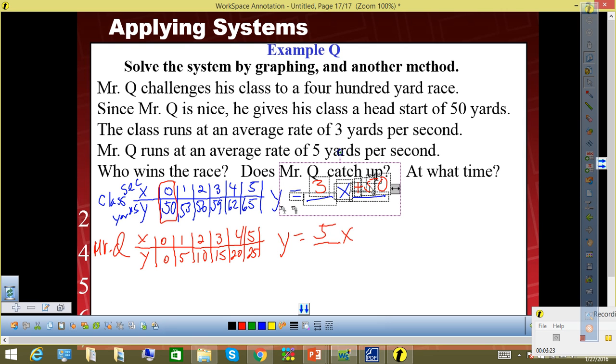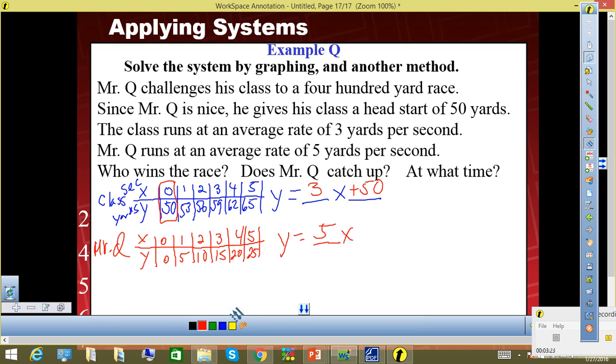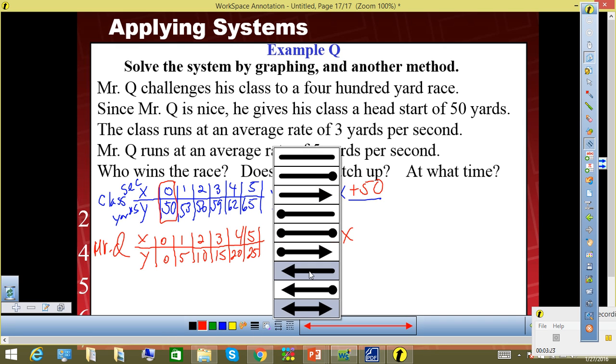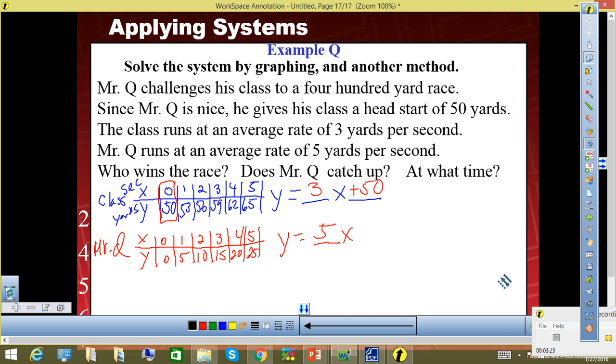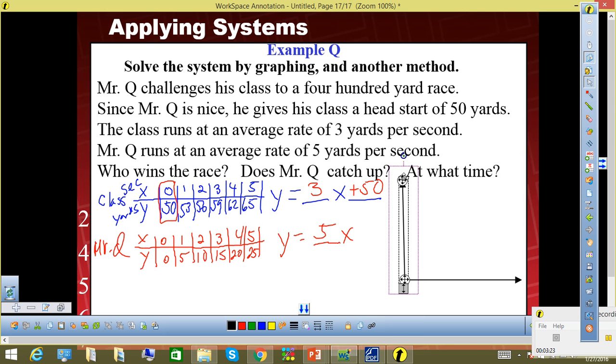Let me move this over a little bit. No, I'm leaving it like that. So now we're going to create a graph because they want us to graph this. Look how I'm going to graph this. Now this is something to think about.